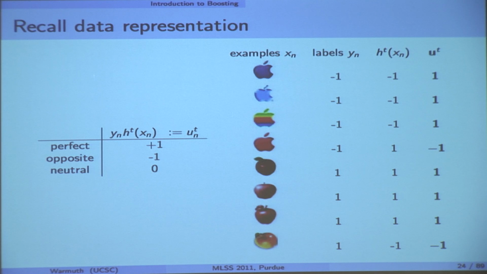Again, your labels, your hypotheses, and these are the U's, the product of the two. Perfect means the label and hypothesis agreed. Opposite, they disagreed. Neutral. So this is an accuracy of the n-th example. The edge is the weighted accuracy, weighted by the distribution. You got it? So now let's go back.